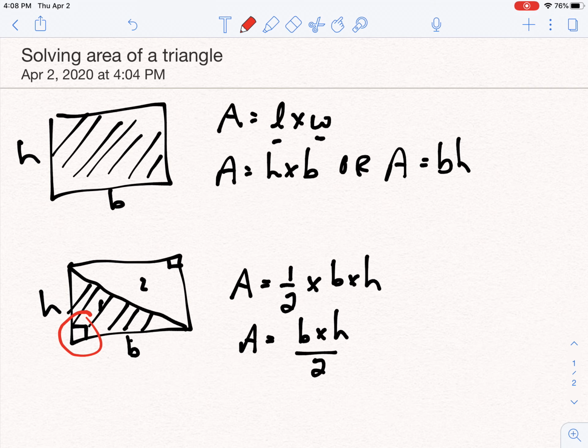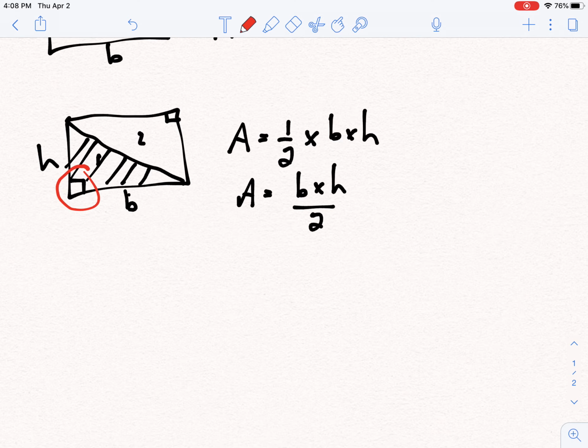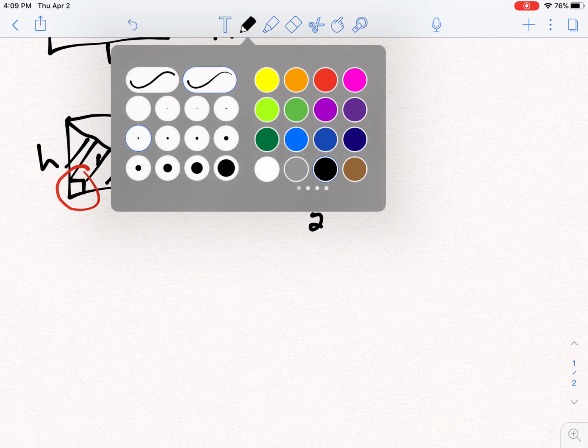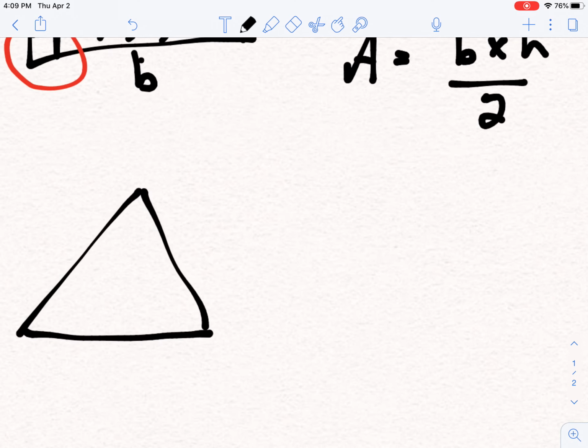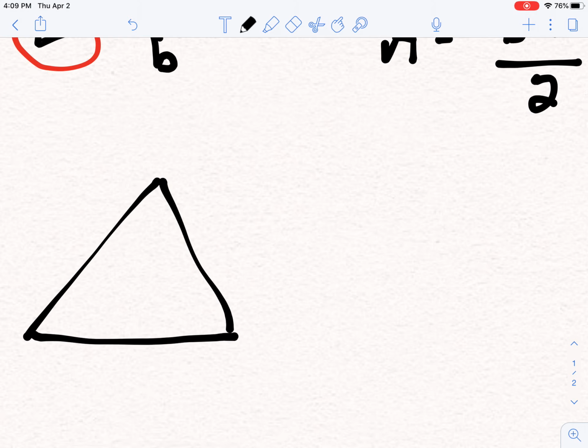The problem is when I get into triangles that look a little bit differently, and we can make triangles look all kinds of ways. I can make a triangle look like this, which is more typical of a triangle. Well, this one all of a sudden has a height that's a little harder for us to actually see. If I make it bigger here and make this line a little bit better, I can have a line that actually comes down like this. This now would meet at my 90 degrees.